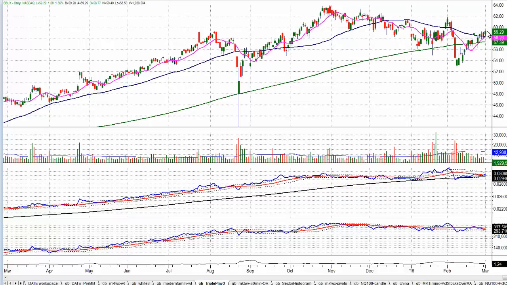But the point here is that as the markets are fiddling around with the really dangerous inflection points, there are stocks like the ones I've just shown you. There's ETFs like the ones we've just looked at that are leading the market higher. These are the ones you want to focus on. Let the market do its volatility thing.